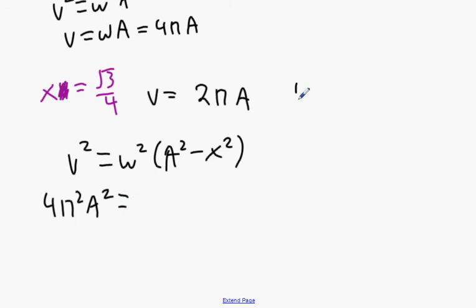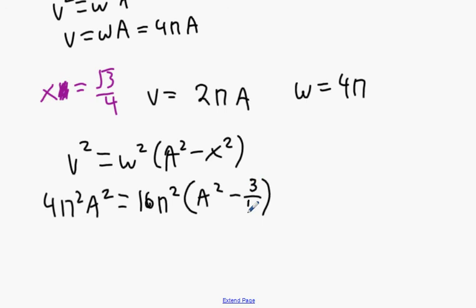Omega, we said already, is 4 pi. That will make that 16 pi squared. A squared, well, it's still A, it's still the amplitude. The x value, minus root 3 over 4 squared, which will get me 3 over 16.